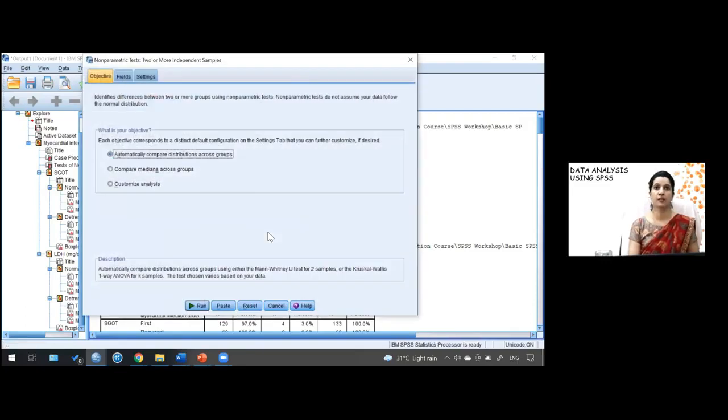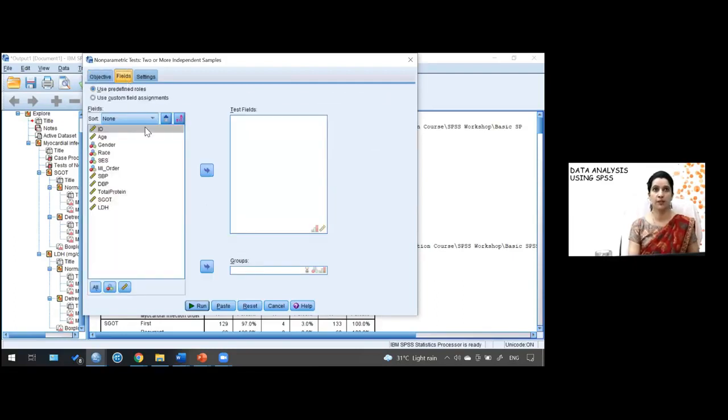Then this window will appear. In this objective, you don't do anything. It only tells that it automatically compares distribution across groups. Yes, because I have to compare between the two groups, so you don't have to do anything in this.